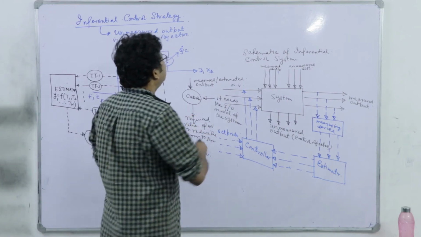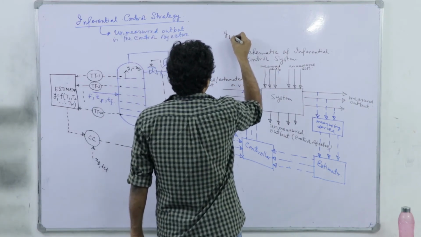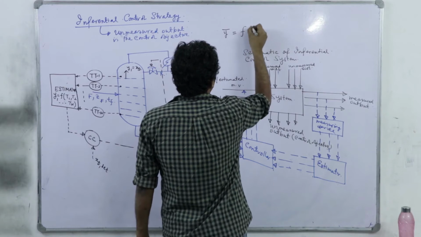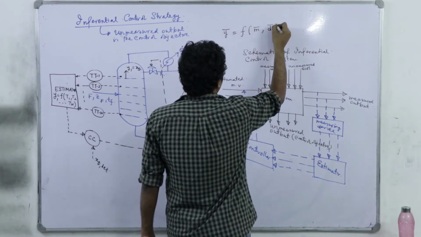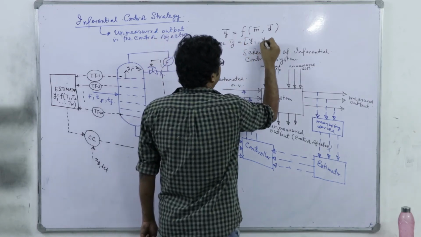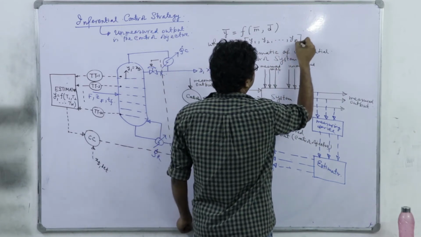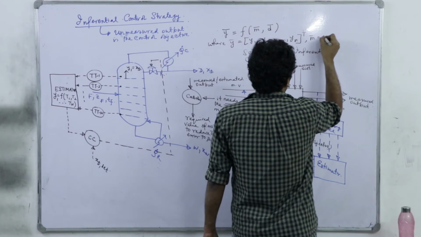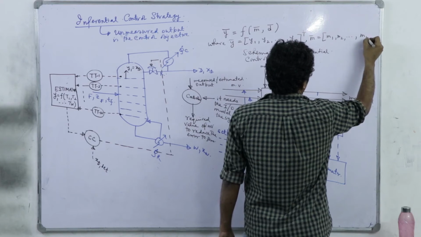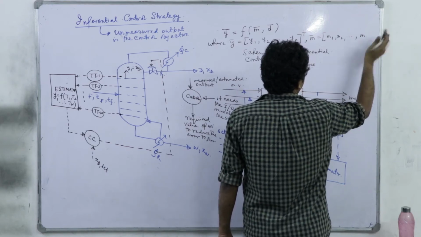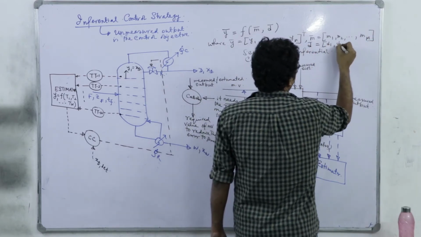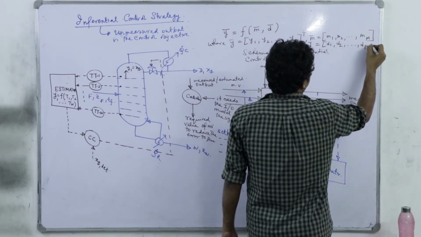What is that input output model? We can write y bar as a function of the manipulated variable and disturbance, where y bar is y1, y2, yn; m bar is m1, m2, up to capital M; and d bar is d1, d2, finally dp.